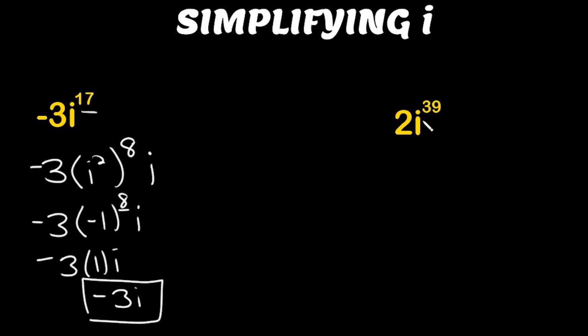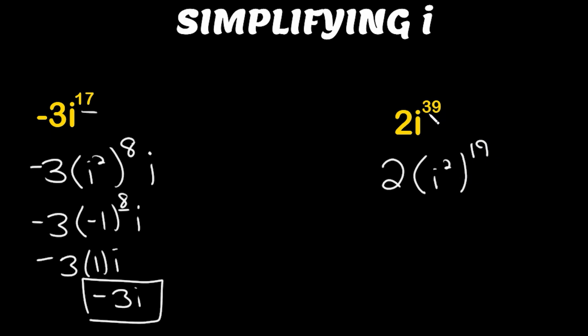Same deal. We're going to replace the i with an i squared. So I have 2, and then in parentheses, i squared. And now, what number times 2 will give me 39? Well, that number doesn't exist. So we have to get as close as possible to 39 without going over it. In our case, we're going to want to use 19. If I do 19, that will give me 38. I'm still missing 1 though.